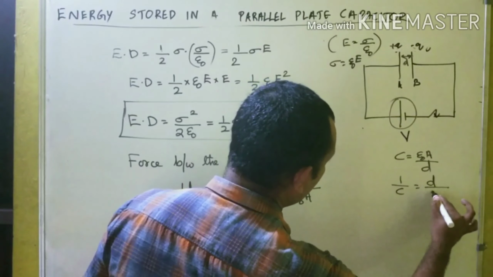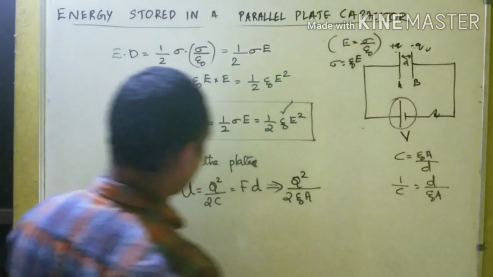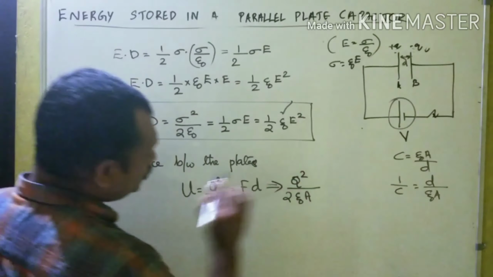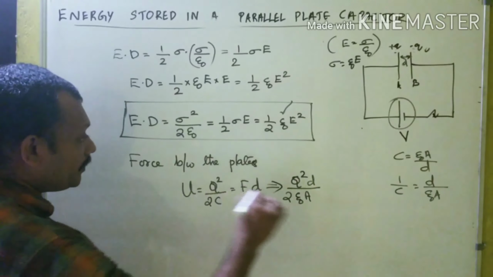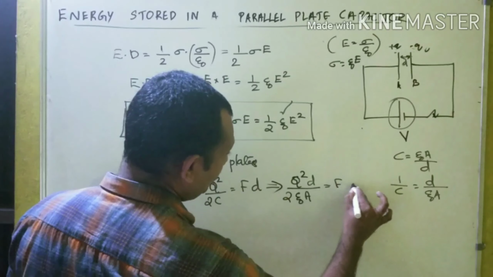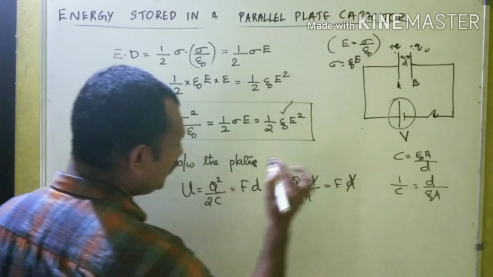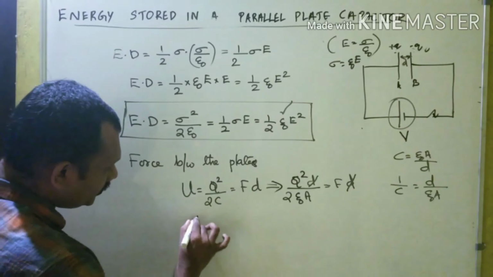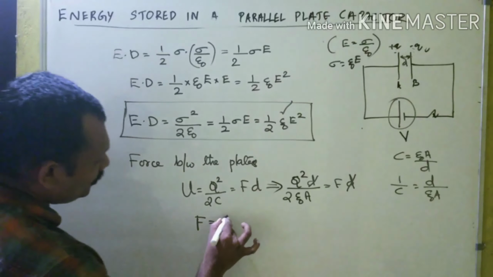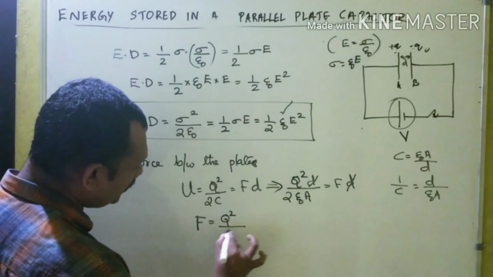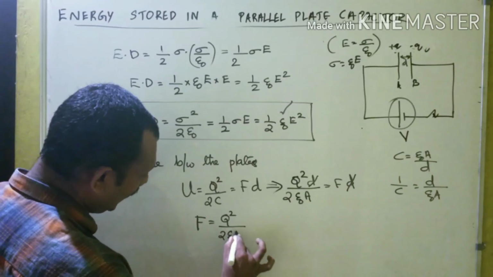D divided by epsilon 0 A. Q square divided by 2 epsilon 0 A into D. Now D goes to the numerator, that is equal to F into D. Now this D can be cancelled, which means the force between the plates of a parallel plate capacitor is Q square divided by 2 epsilon 0 A.